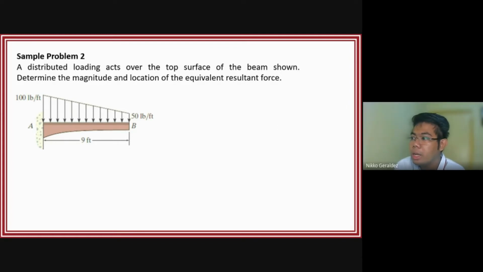Trapezoidal loading. When we have a trapezoidal loading, we divide the trapezoid into two shapes, one rectangular and one triangular.